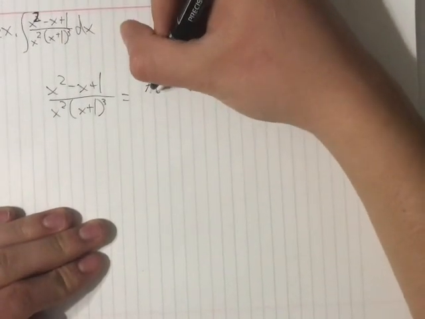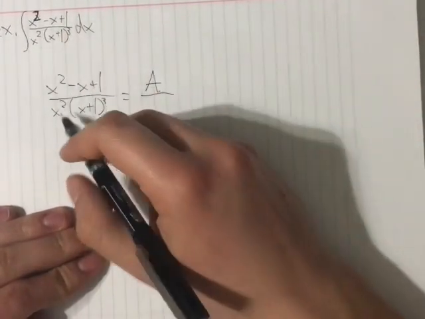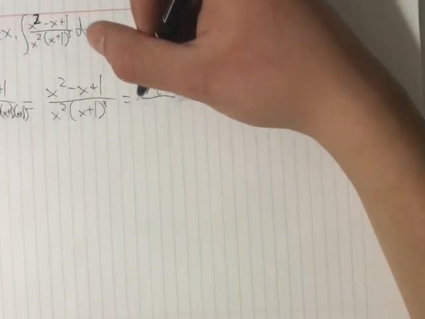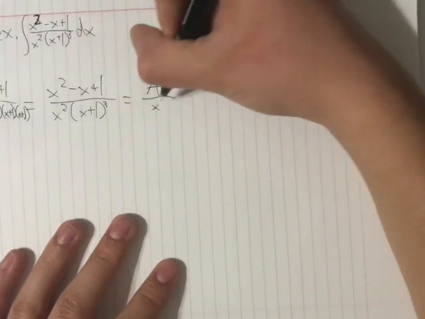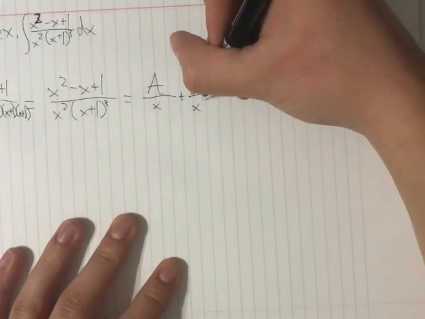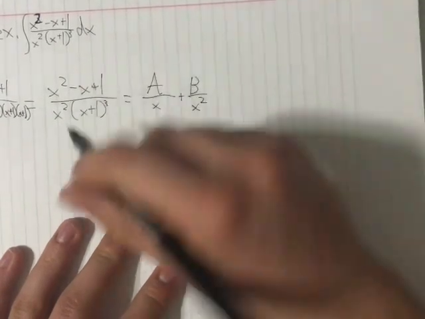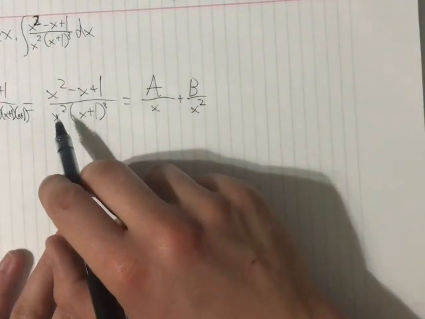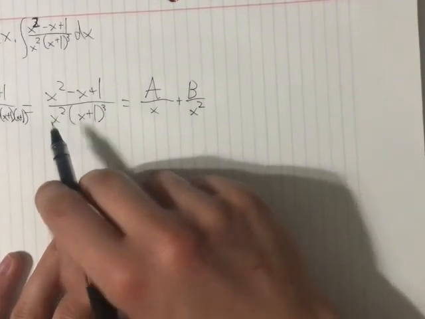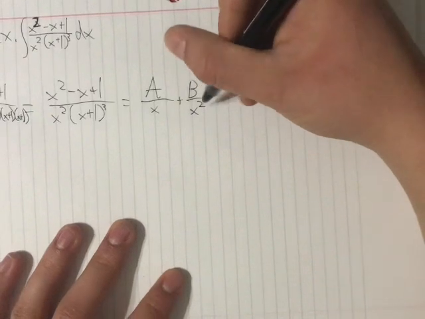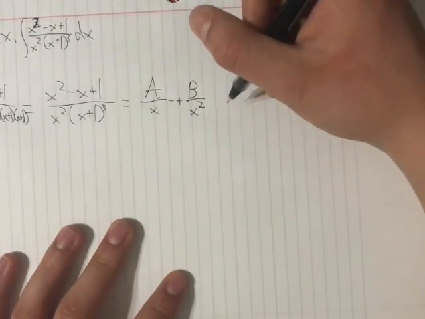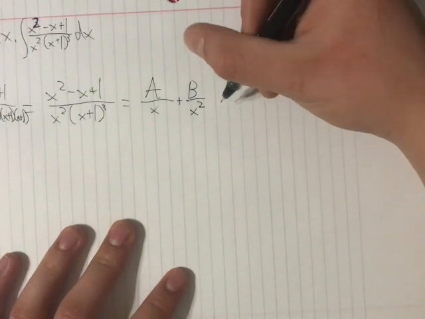So we have a over x, right? Since this is already broken down. Alright, so what we're going to have here is a over x plus b over x squared, and this is where it gets tricky, because we have x squared since we have 2. So when you have repeating factors, what you have to do is add the degree as you go along, almost like taking a factorial.